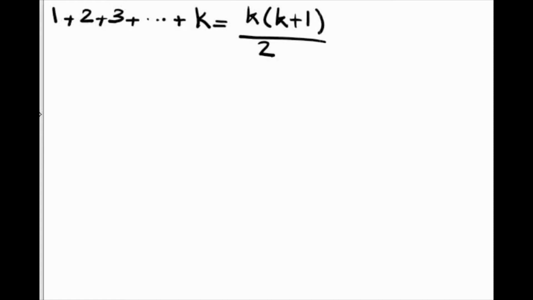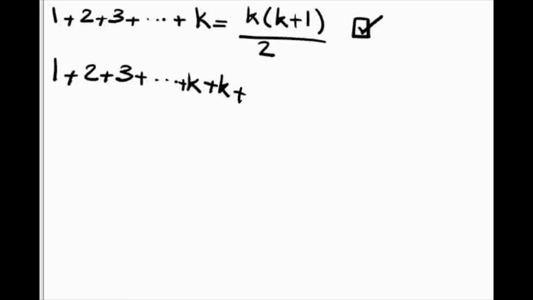This is basically n times n plus 1 divided by 2, with k instead of n. This is something that we're assuming is true. We're assuming that this holds. What we want to prove is that 1 plus 2 plus 3 plus and so on, plus k plus k plus 1. It doesn't matter what our k is. If k is 1000, k plus 1 is going to be 1001.